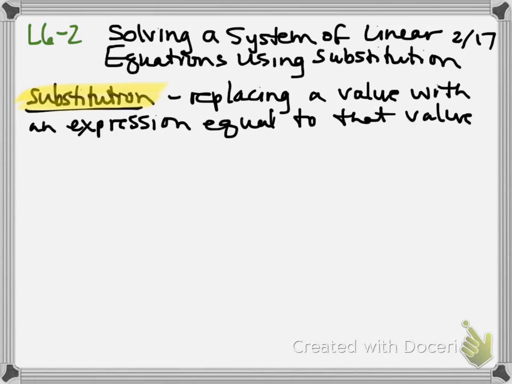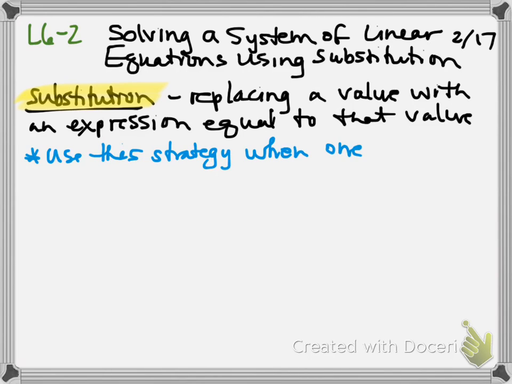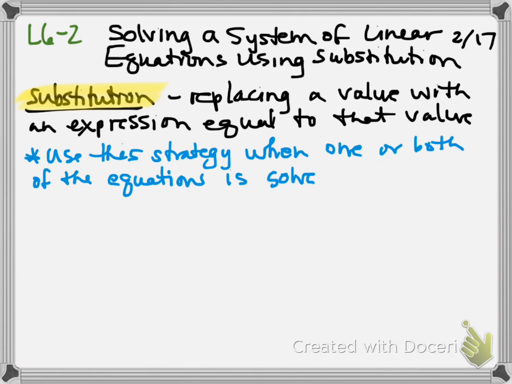So with substitution, here's a couple things. Why would I ever use this strategy? When is it going to be most effective? I'm going to use this strategy when one or both of the equations is solved for one variable.